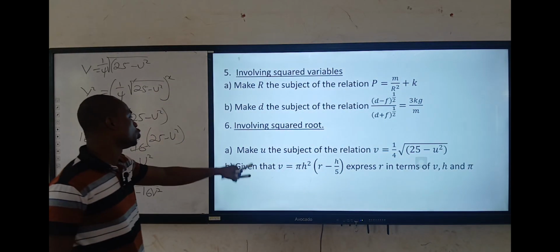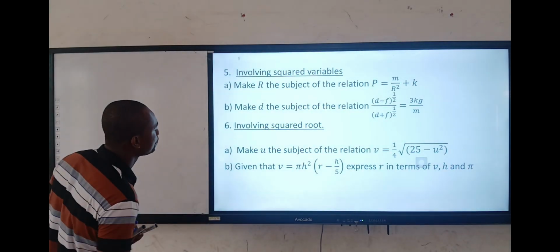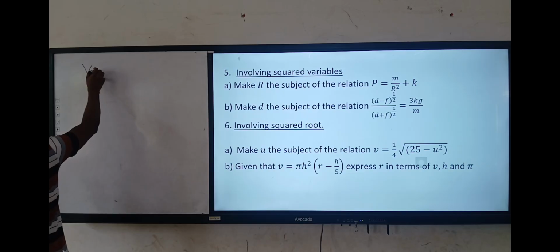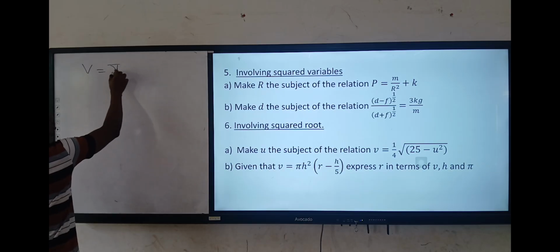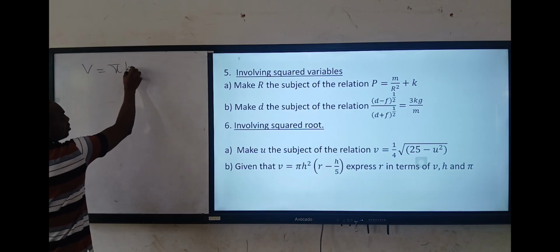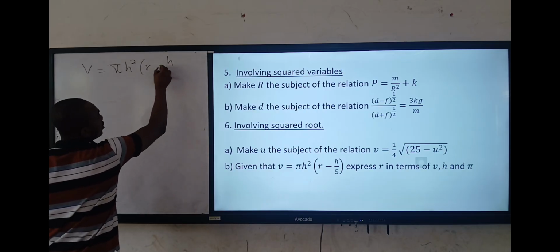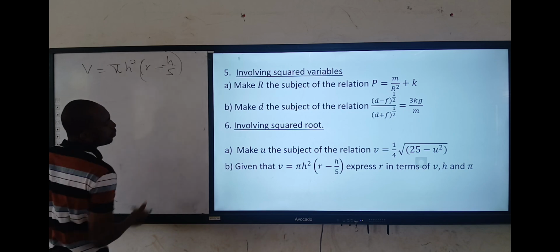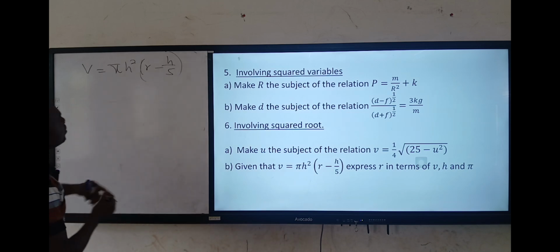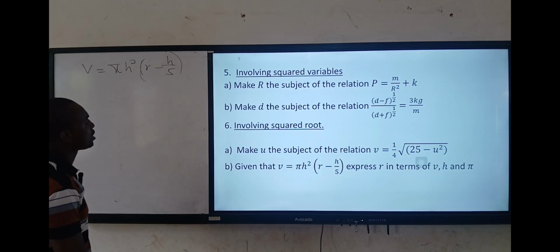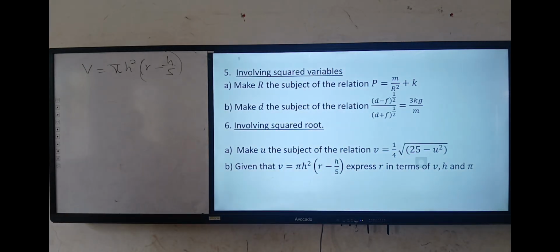Now let's move on to the B. So the B here is V to be equal to pi h squared in the bracket r minus h over 5, where we are making this r the subject. So the first thing that we are going to do is expand the bracket here.